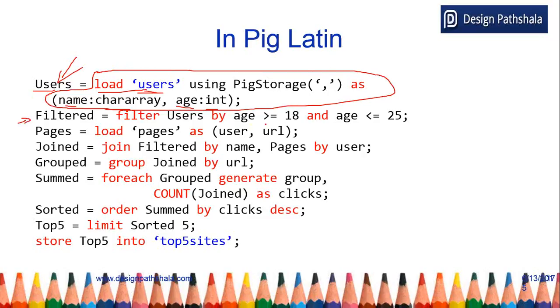Here I say age is greater than 18 and less than 25. Because age was of type int, the different variables which will be generated out of users would be inferred automatically from the operation which I am doing on users. So if I have defined some UDF over here which is doing summing, or string operations, automatically the output of those things will be inferred by Pig.